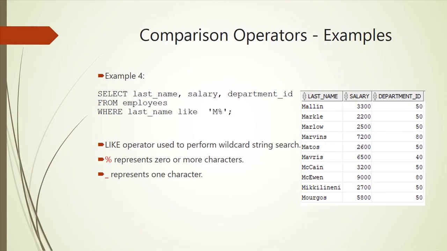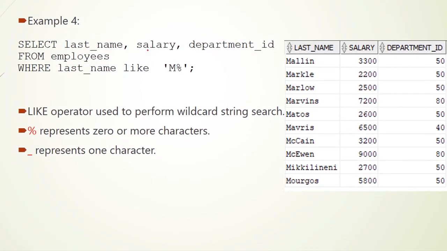Here in example 4, SELECT last_name, salary, department_ID FROM table employees WHERE last_name LIKE. Here we are using the comparison operator LIKE, and after LIKE, between single quotation marks, we specified the string search pattern or the wildcard string search. Percent is used with LIKE to represent 0 or more characters.